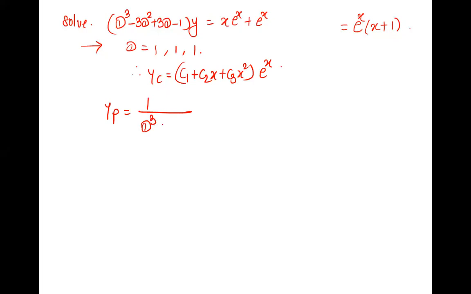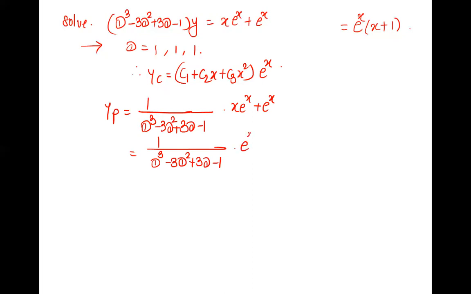If not, then we'll continue with this question. Plus 3d minus 1 into x e raised to x plus e raised to x. I'll give you one more step here. E raised to x is common, x plus 1. So this is case number 5. You will do that case if possible.